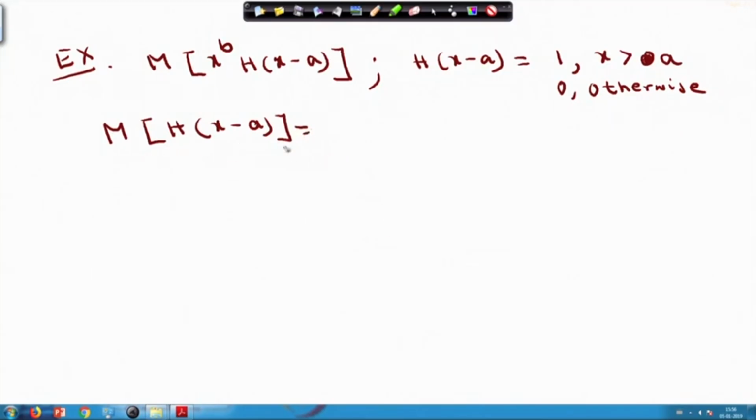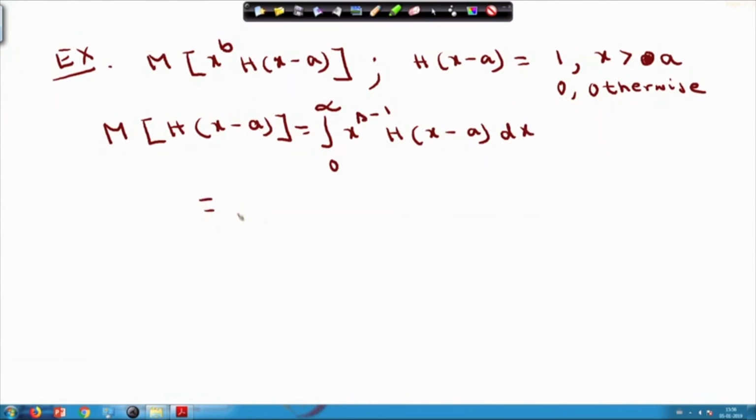So, the Mellin transform of this Heaviside function equals the integral from 0 to infinity of x to the power s minus 1 into h of x minus a dx. As you know from this definition, h of x minus a is 1 for x greater than a and 0 otherwise.